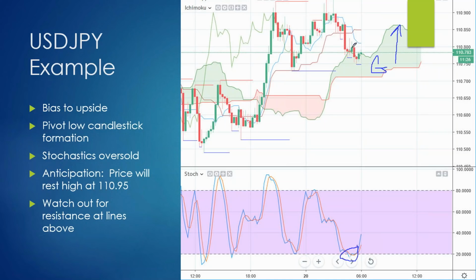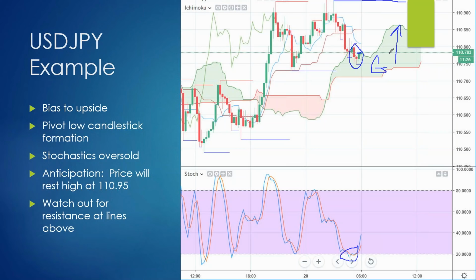And we have a pivot low formation right here, right at the end actually of this bar right here. All of your criteria is met, and so you could take a long position with anticipation that the very top up here would at least be retested, if not exceeded.